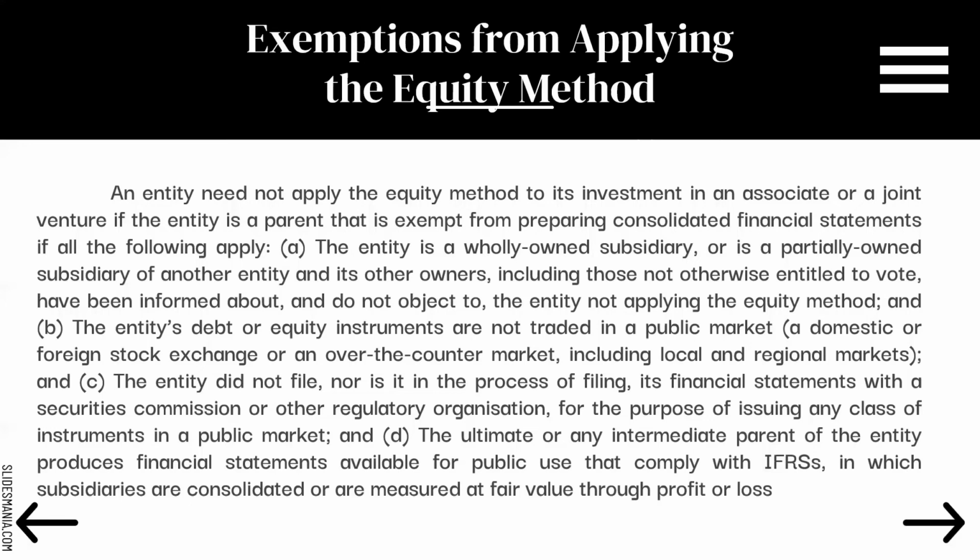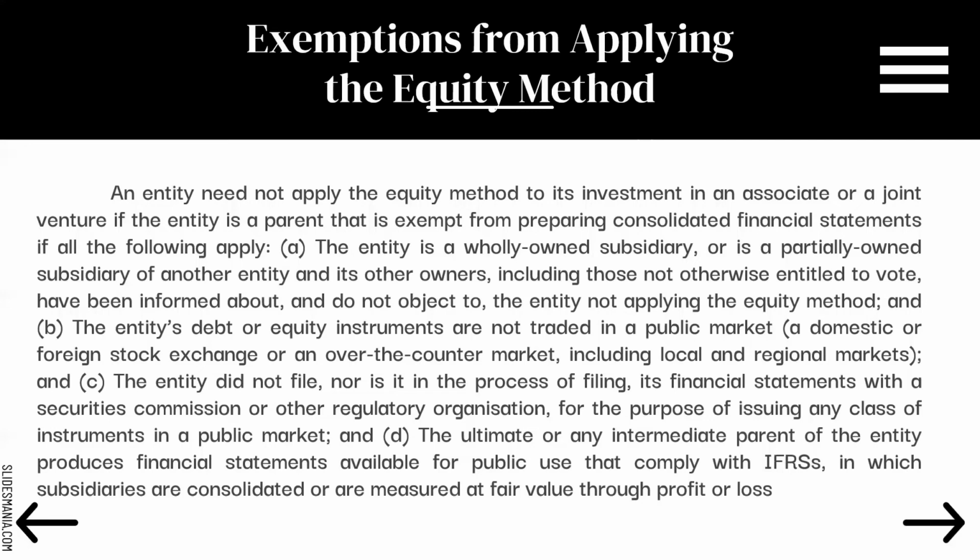When an investment in an associate or a joint venture is held directly or indirectly through an entity that is a venture capital organization, including investment-linked insurance funds, the entity may elect to measure investments in associates and joint ventures at fair value through profit or loss in accordance with PFRS 9.